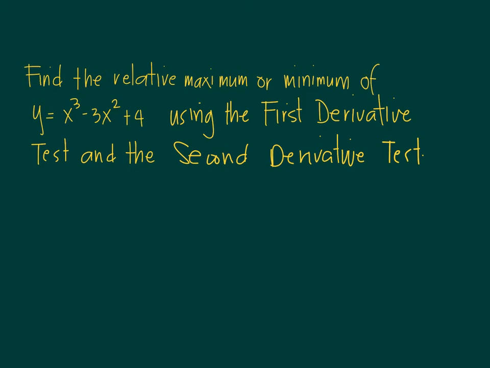Okay, so in the other problem, it says find the relative maximum or minimum of y equals x cubed minus 3x squared plus 4 using the first derivative test and the second derivative test.